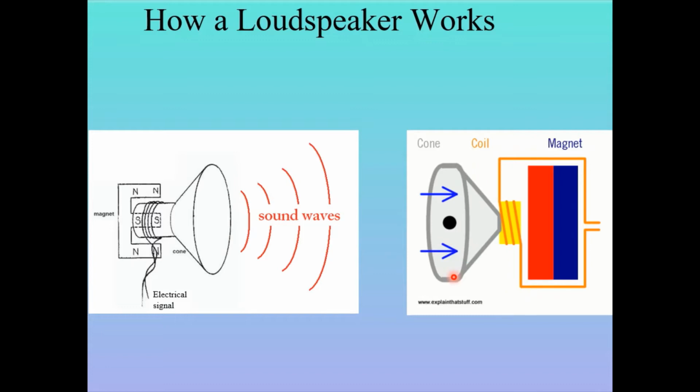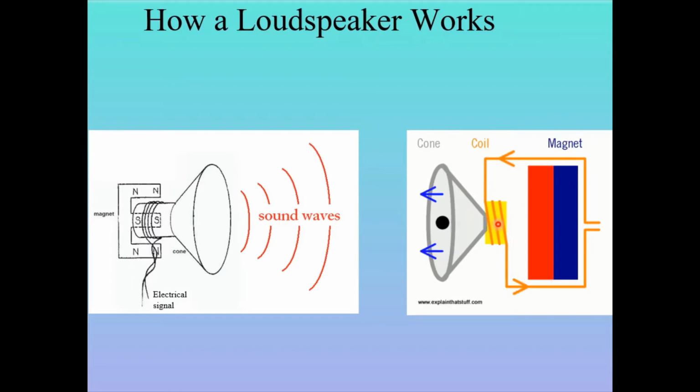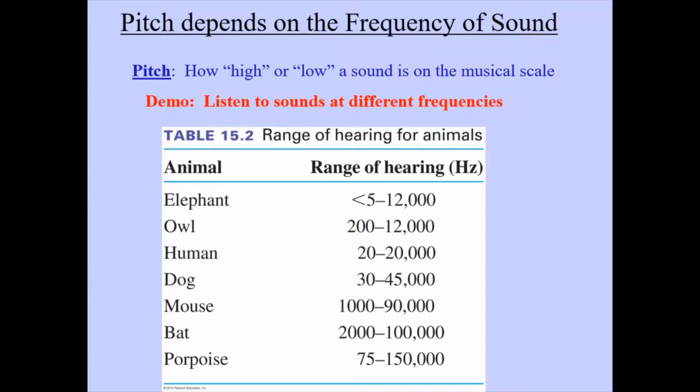Here you can see in this animation, the speaker is actually moving back and forth, with some signal that's fed into the coil here. So shortly we will listen to some different frequencies and see how our ears and our brain interpret that sound.